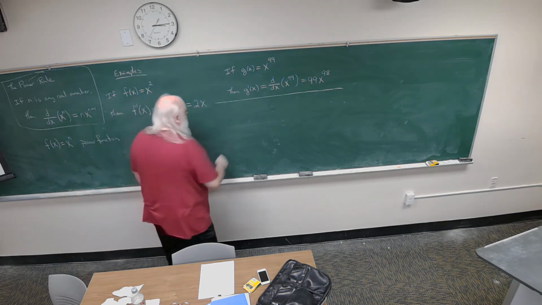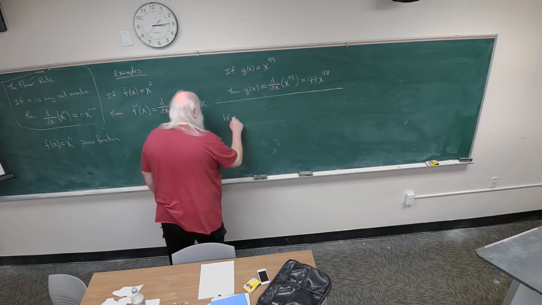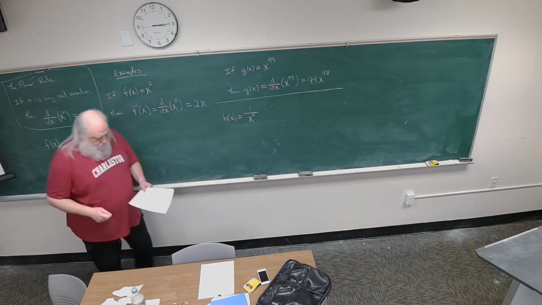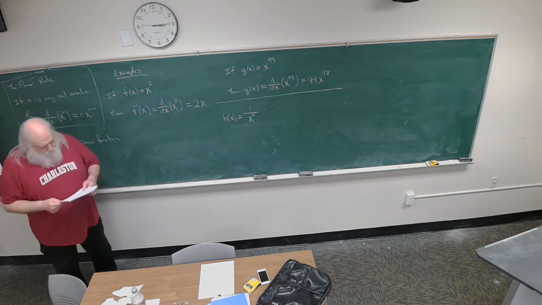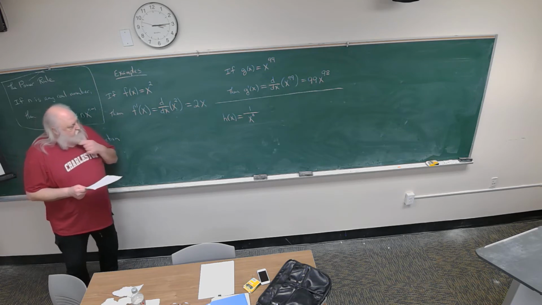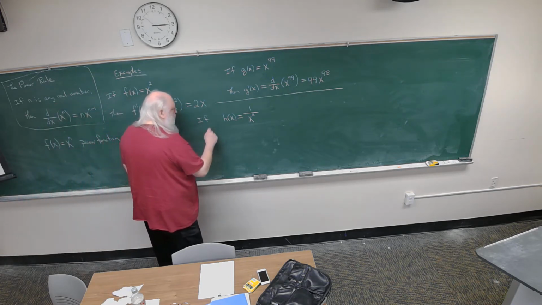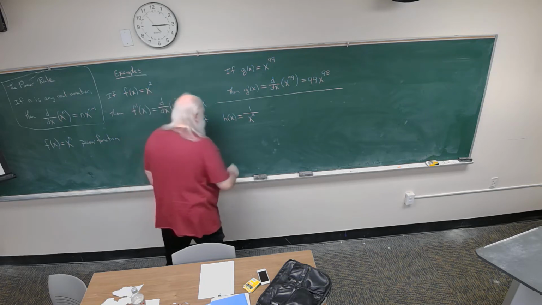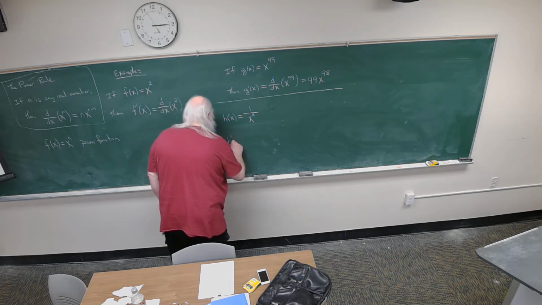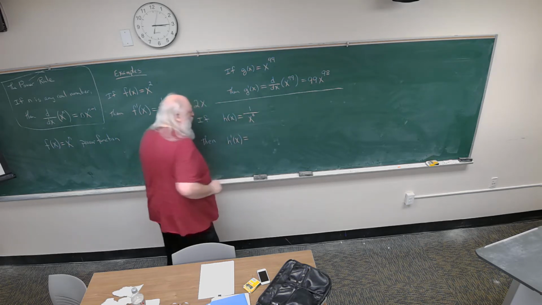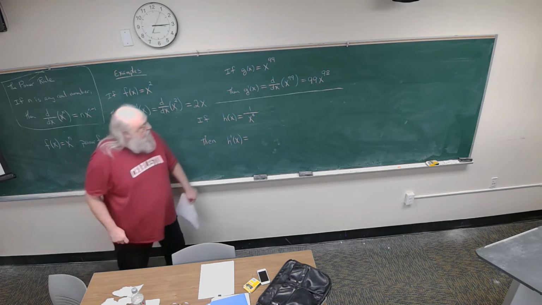Okay. Next we have h of x is 1 over x to the 8th power. So if h of x is equal to 1 over x to the 8th power, then what's h prime of x equal to?